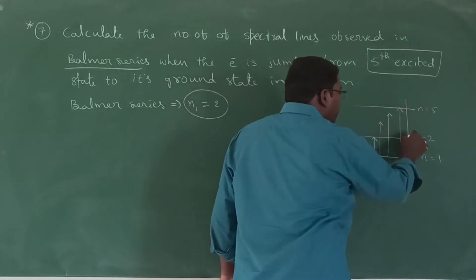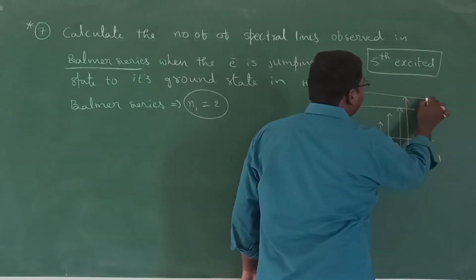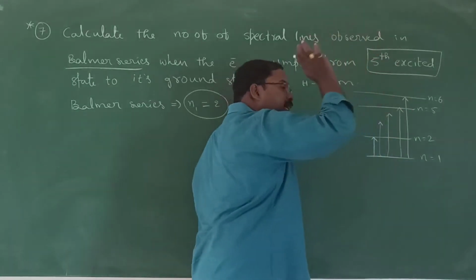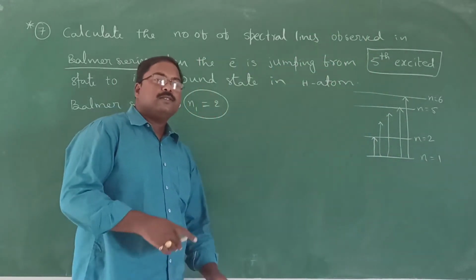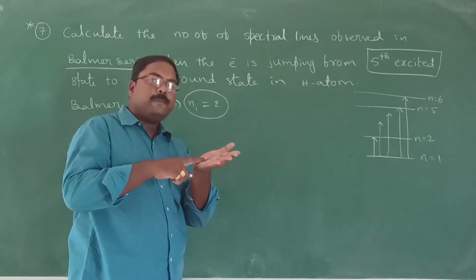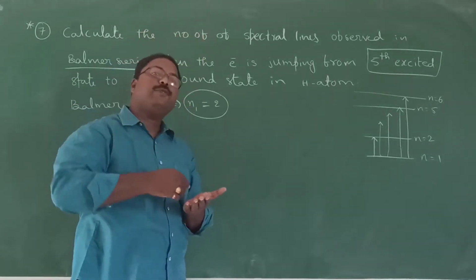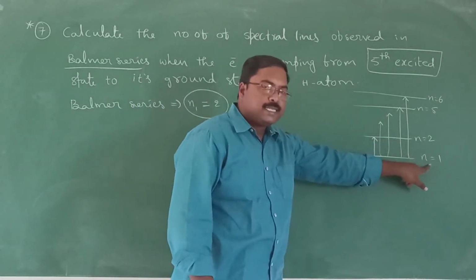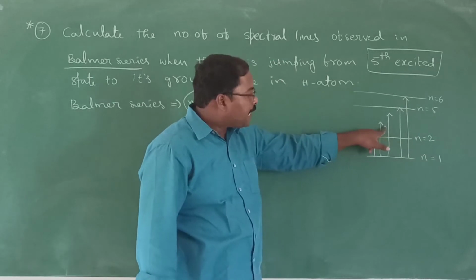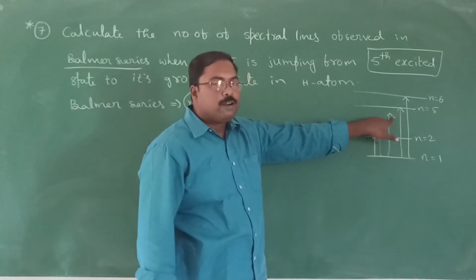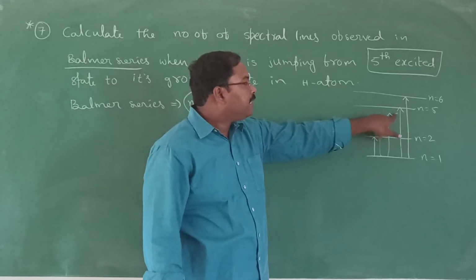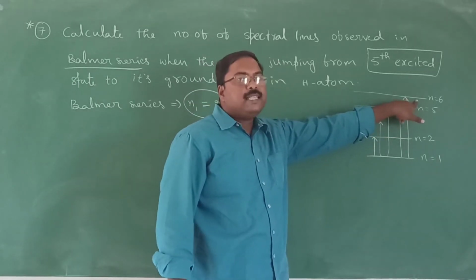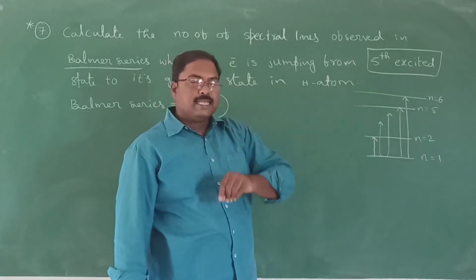Now when the electron jumps to the sixth orbit, this will be the fifth excited state. So the second orbit is the first excited state, third orbit is the second excited state, fourth orbit is the third excited state, fifth orbit is the fourth excited state, sixth orbit is the fifth excited state.